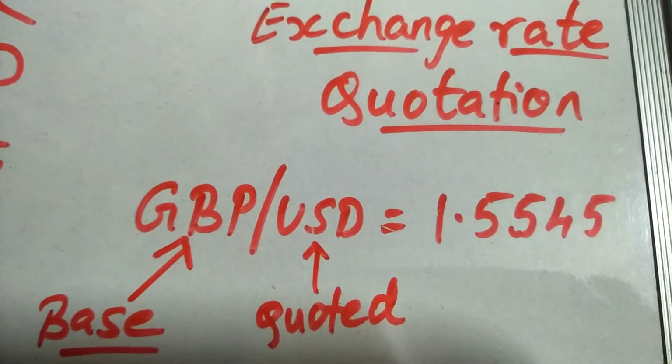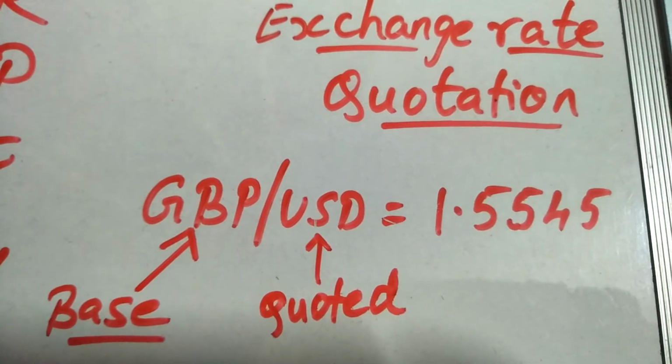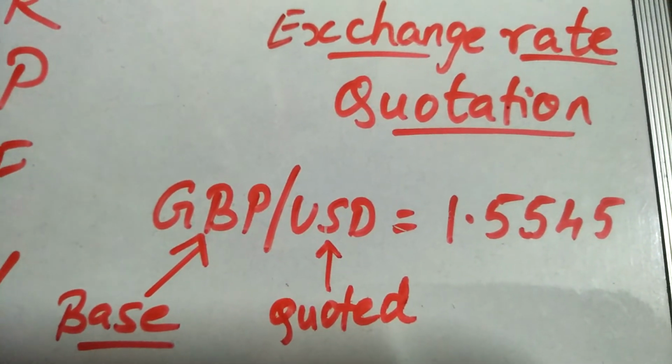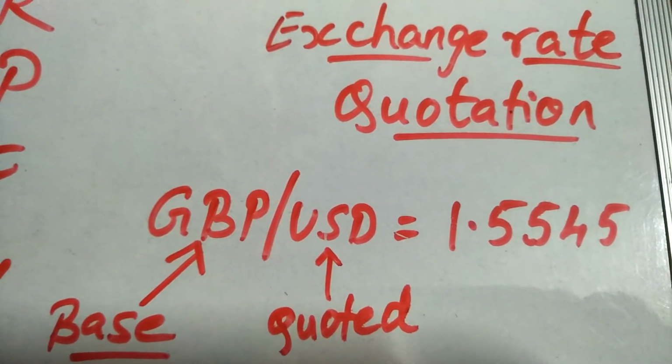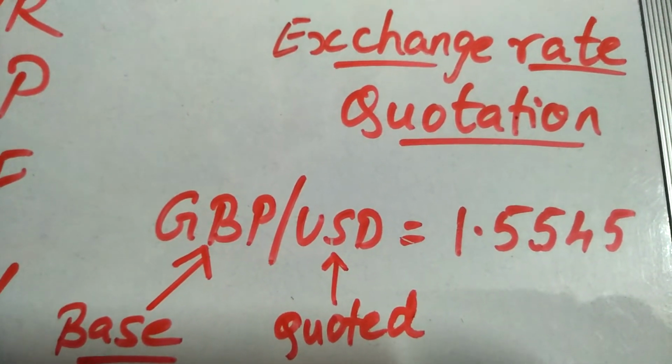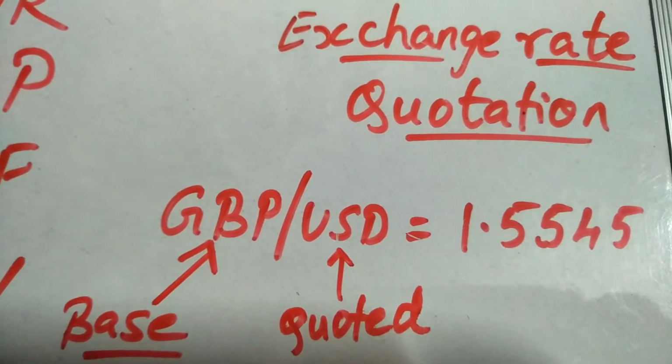When it is GBP slash USD, it means that GBP is the base currency and USD is the quoted currency, which means that $1.5545 will be equivalent to 1 GBP, that is Great Britain pound.